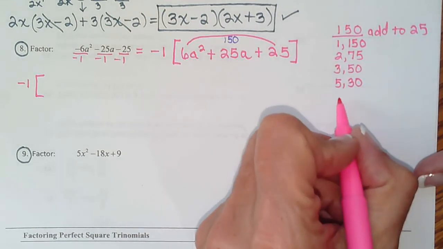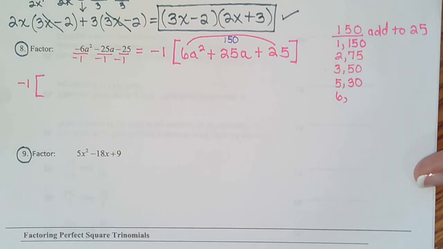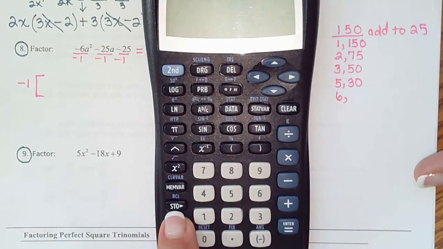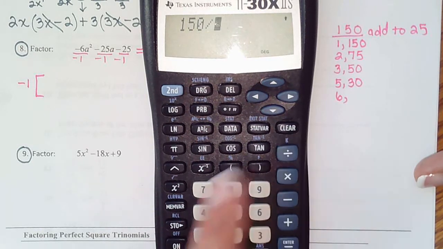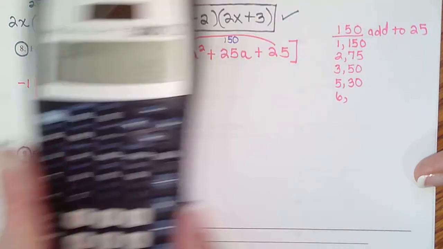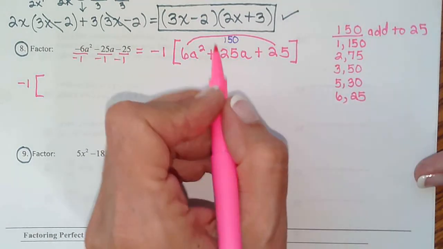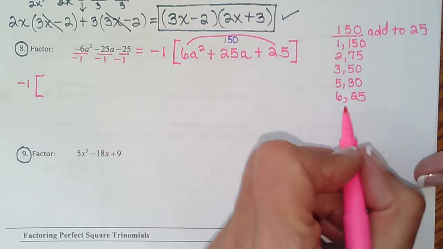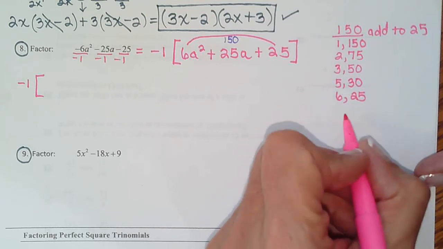Anytime 2 and 3 both go into another, 6 does. So then you can take your calculator and see how many times. So 150 divided by 6 is 25. So 25 plus 6 is 31. No, that doesn't add to 25. 7 doesn't go into it. 8 doesn't because 4 doesn't.